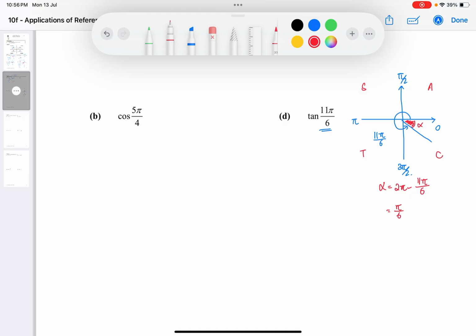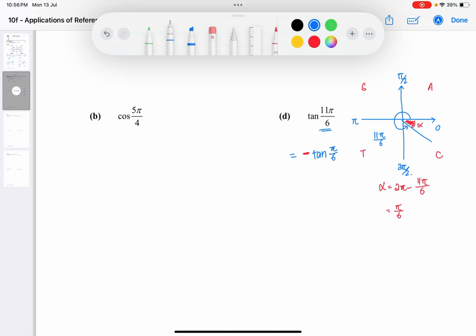It will be negative. So it's actually a negative tangent, and it will be the negative of the tangent of the basic angle.